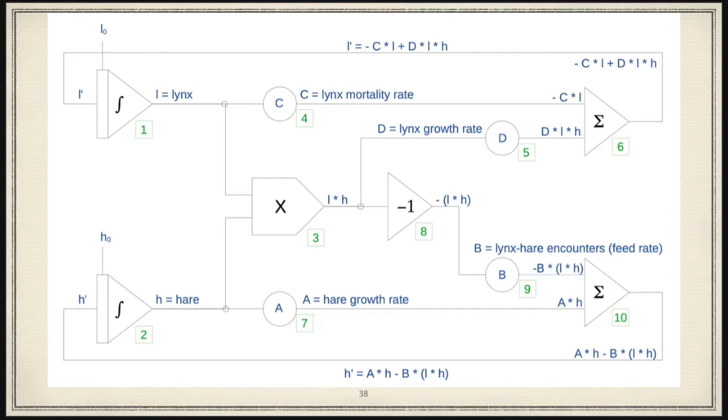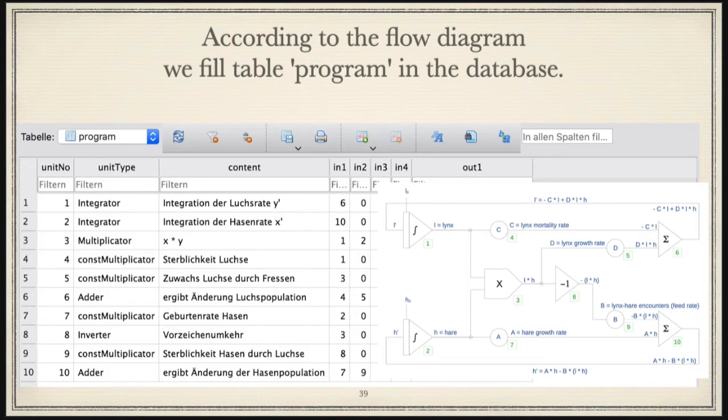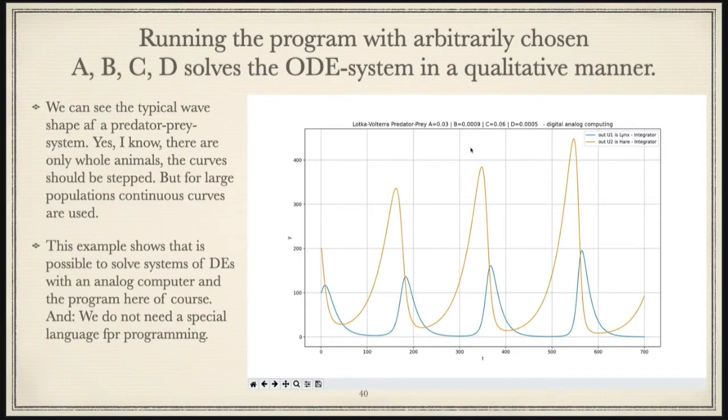Now we have to create a table. We have to integrate, we have to multiply, we have multiplication with a constant, we have adders here and here, that's this one, and then we can run the system and look for the result. This is a plot of the program. We can see the typical wave shape of a predator-prey system.